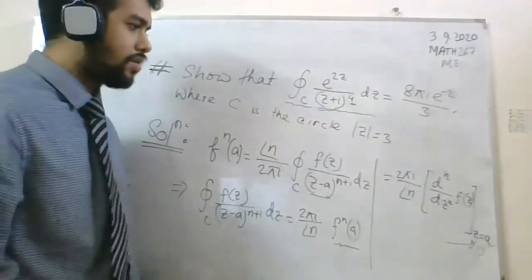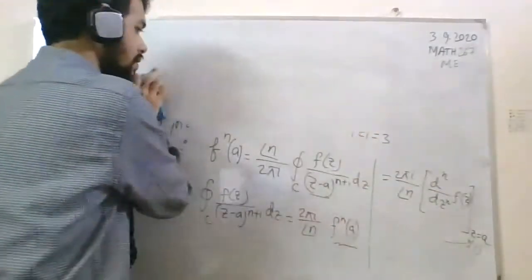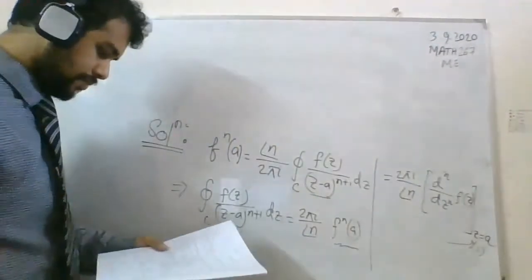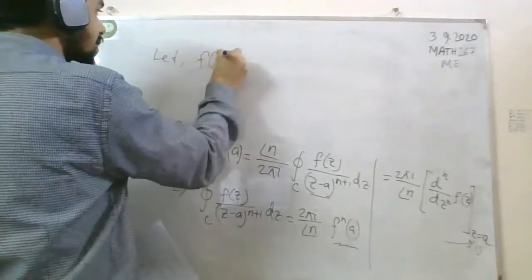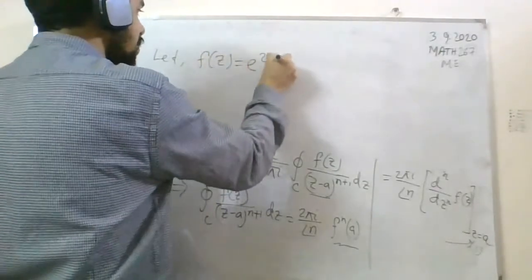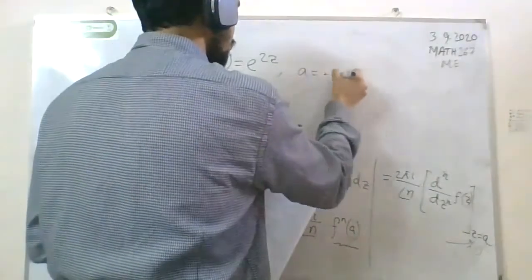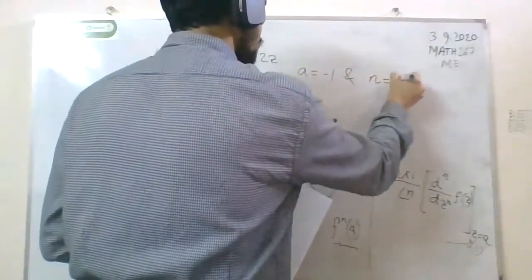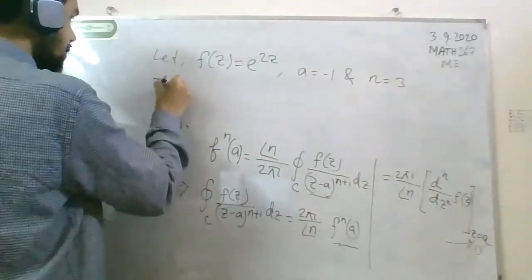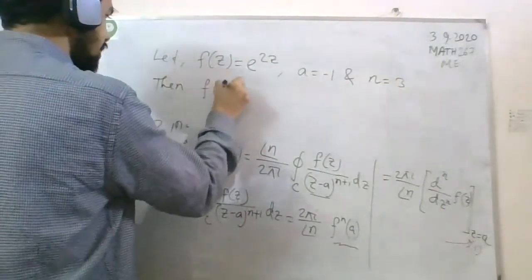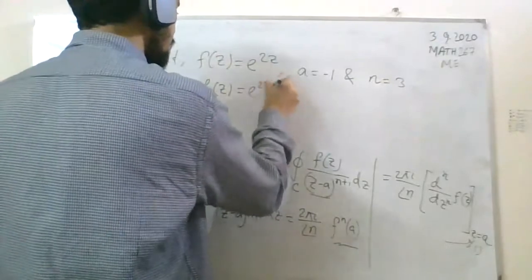Okay, so now again, we say here is e to the power z, equals to minus 1 and equals to 3.